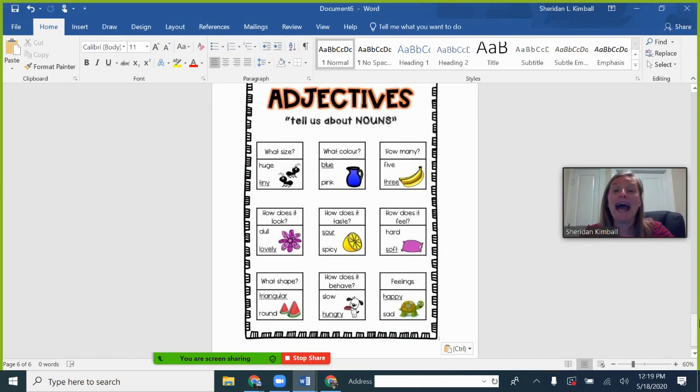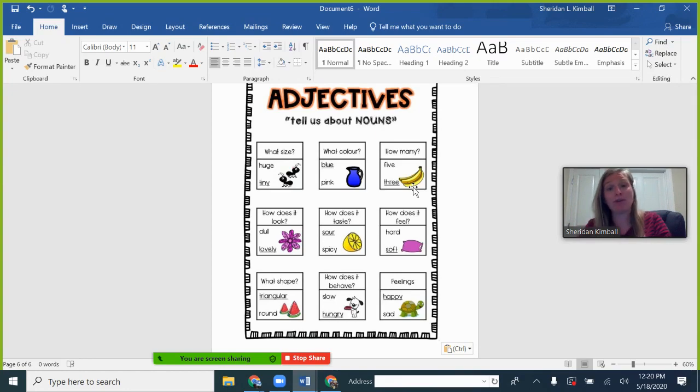You could use an adjective to help you describe the size of your noun, like huge or tiny. You could describe a noun with the color, like blue or pink. You could use an adjective to describe how many of something you have. So if you have many of this digraph word in your home, you could say how many you have.